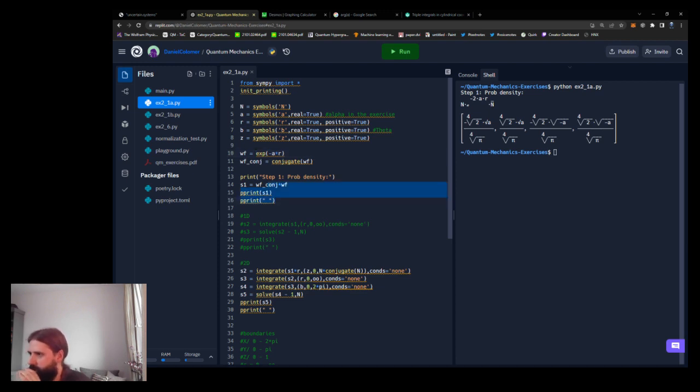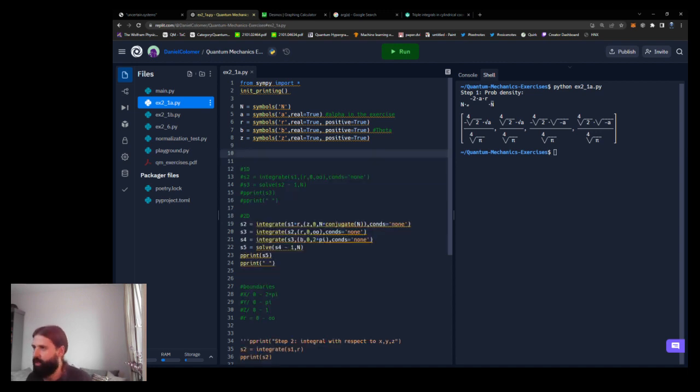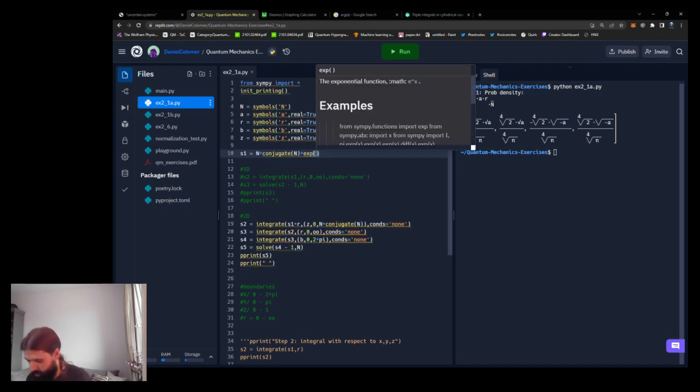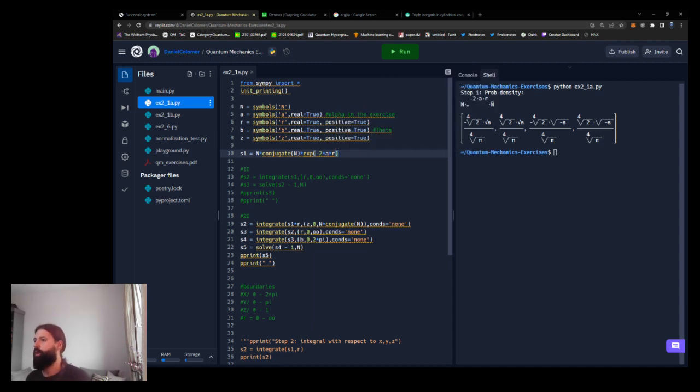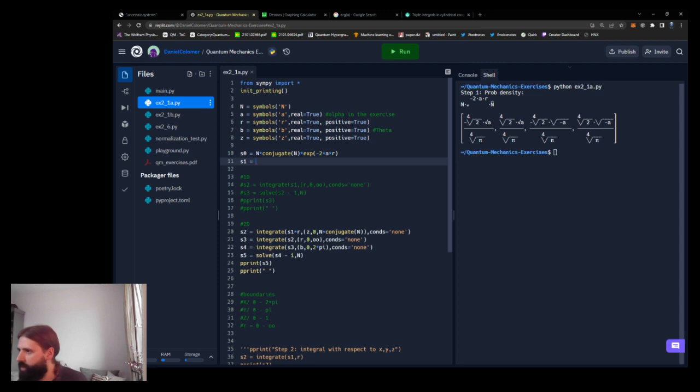Let me rewrite these. Okay, so S1 essentially is basically n times conjugate of n times exp minus 2 times r, right? So this is my S1, or let's say S0. But for S1, we can just take these things out of the integral.